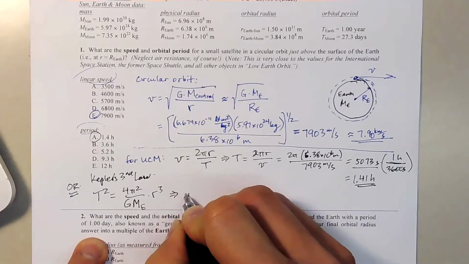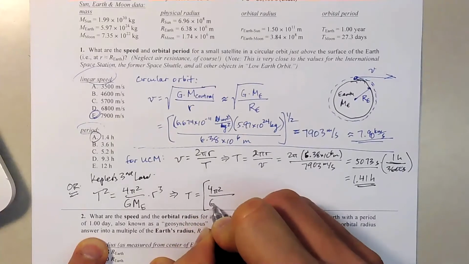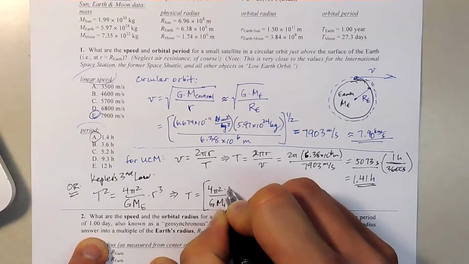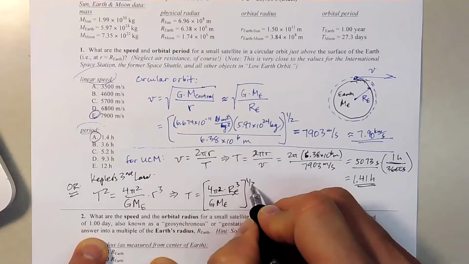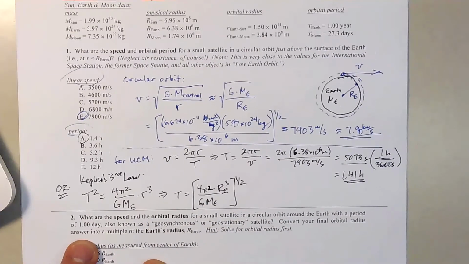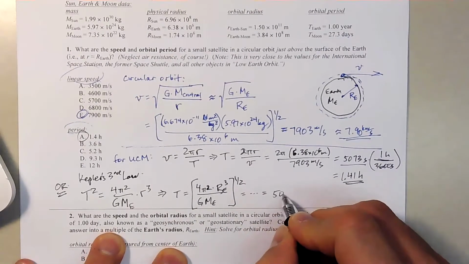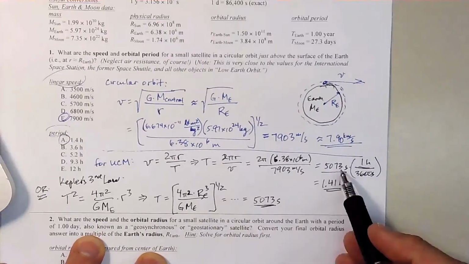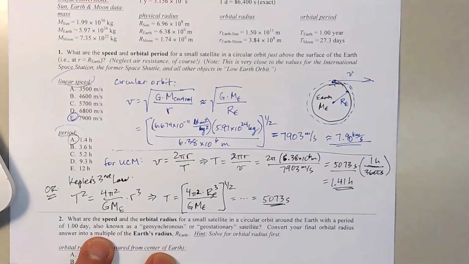So what that means is in this case, T would be equal to the square root of 4 pi squared over G, mass of the Earth, times radius of the Earth cubed. And then we have to make sure we take the square root of that whole thing. If we plug in all of those values, we would get the same answer, 5,073, or close to it, probably slightly off in that fourth decimal place, seconds.